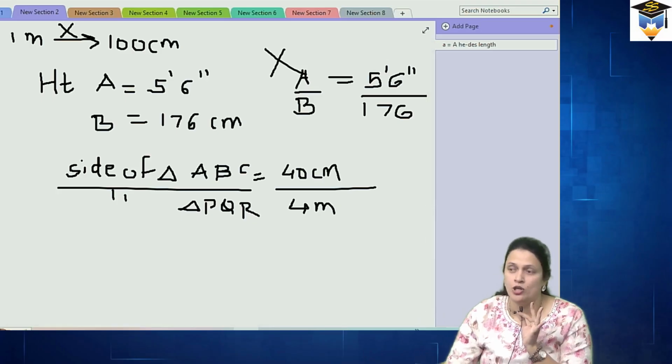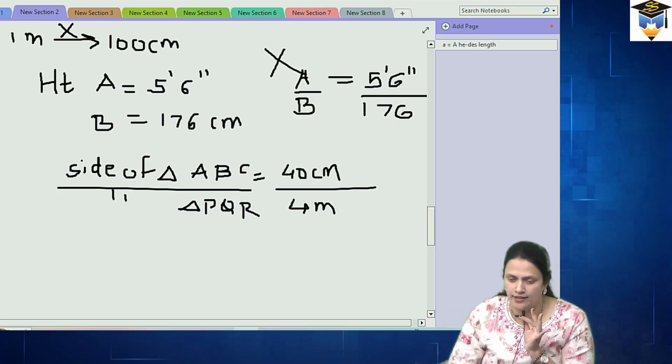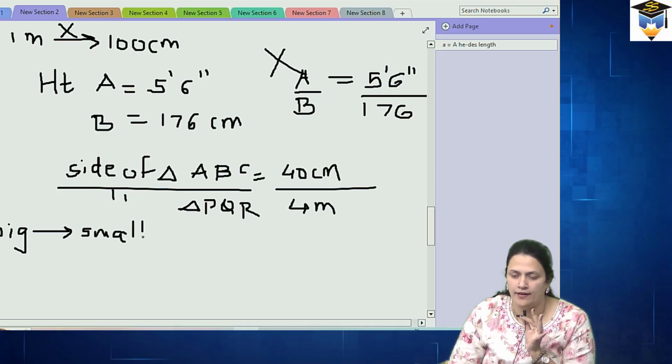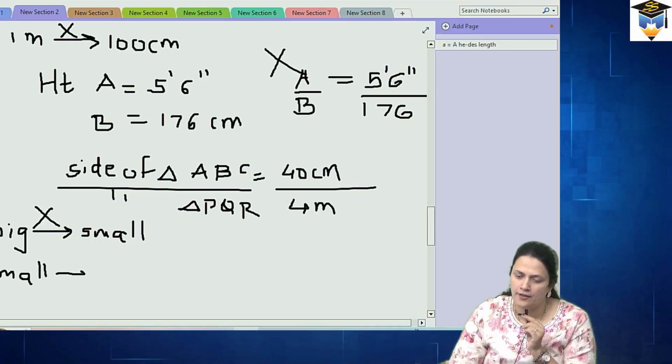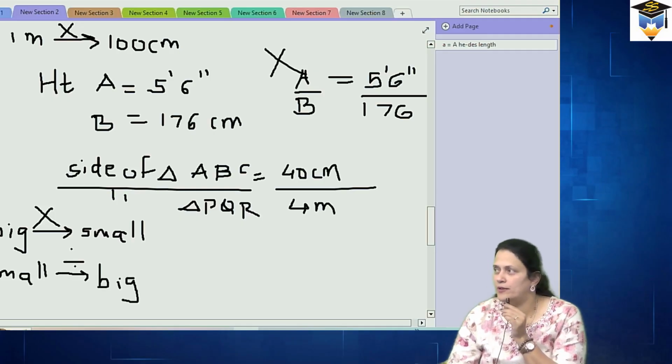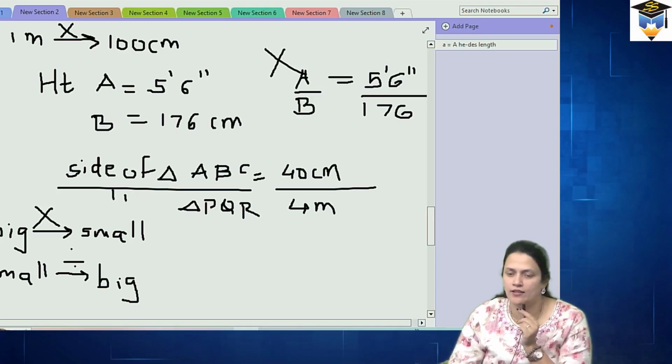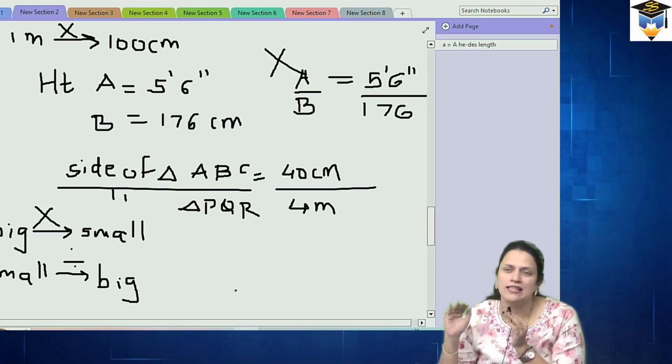Divide by 100. So always remember, please write it down: big quantity to small quantity, multiply by the corresponding unit, and small to big, divide. Please everybody write this down, these are the basics.